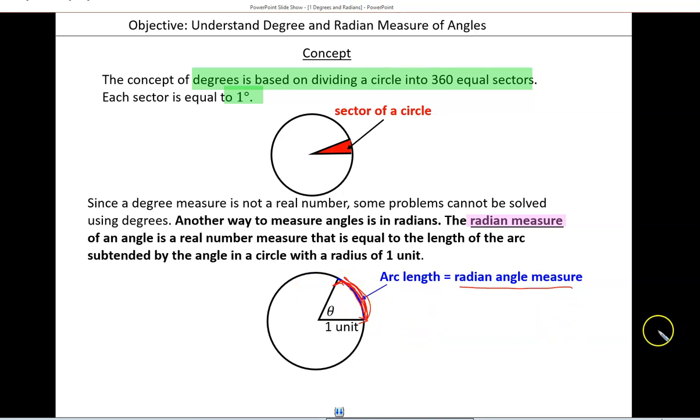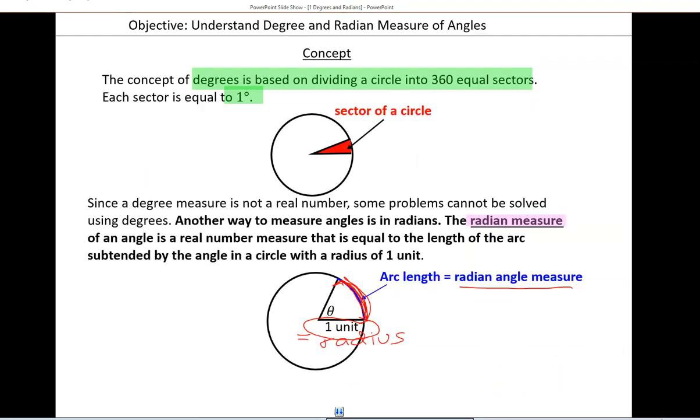It is a part of the circle, or a piece of the circumference of the circle. You can look at it that way. Specifically when, and this is our unit circle, guys, the radius of the circle is 1 unit. So it's developed based on a radius of 1 unit, and then the length of the arc, which is part of the circumference, becomes our radian measure.